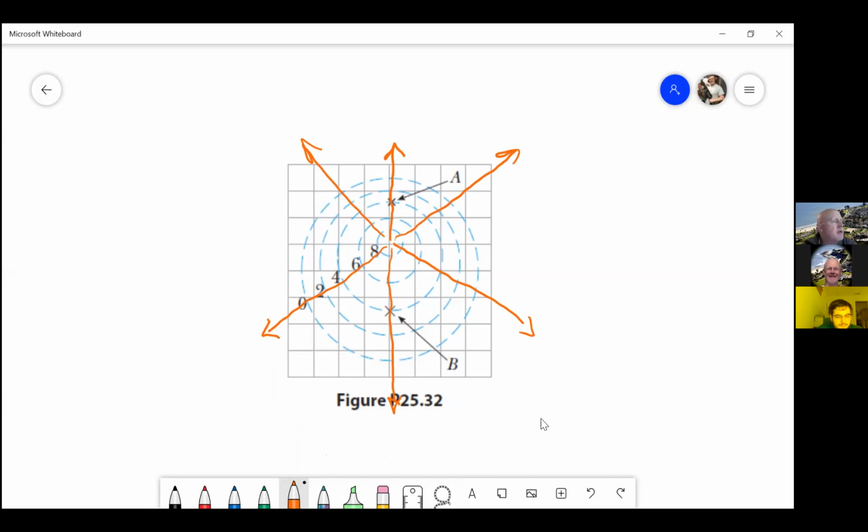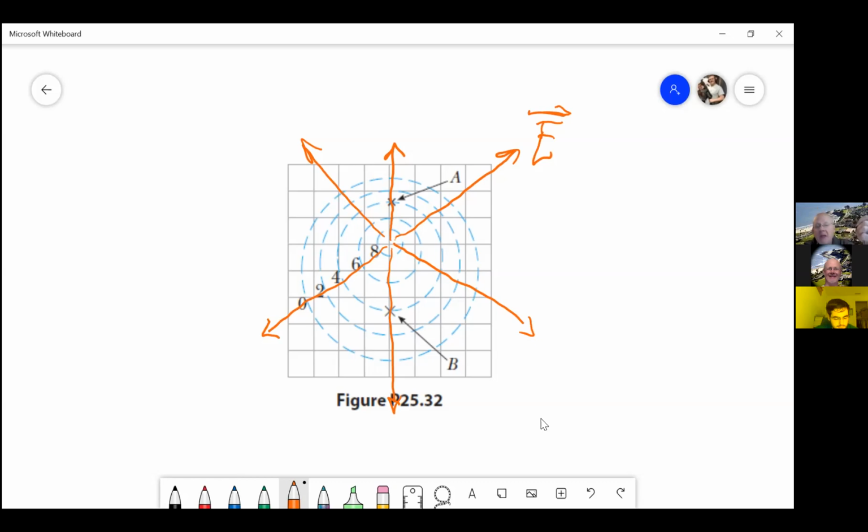Okay, does that make sense? I'm drawing a bunch of lines here. Electric field, arrowhead. All right, so there's kind of what the electric field would look like.